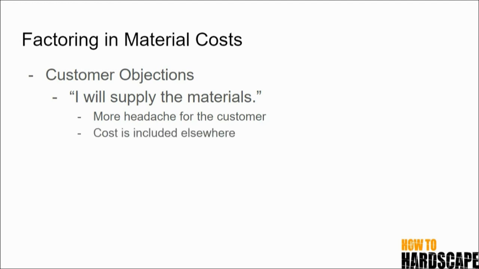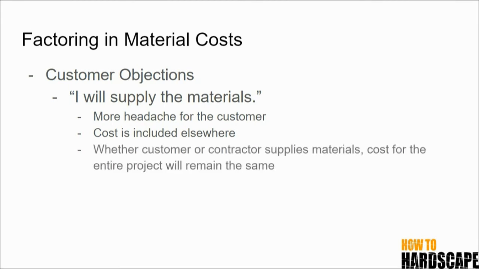Whether the customer is supplying the materials or you are, either way, the cost is included elsewhere. The price of the project is going to be the same whether the customer supplies the materials or not. It might even be more expensive if the customer supplies the materials, depending on the way your numbers work out, or however you want to communicate this to your customer.